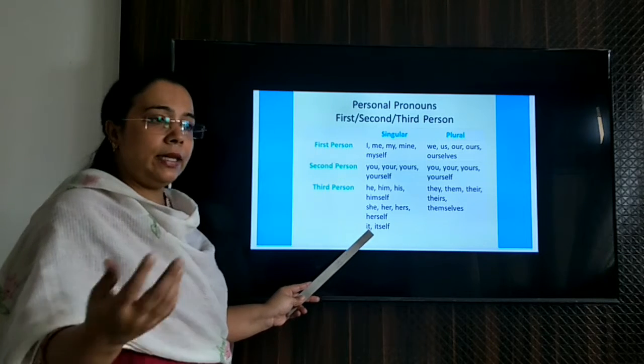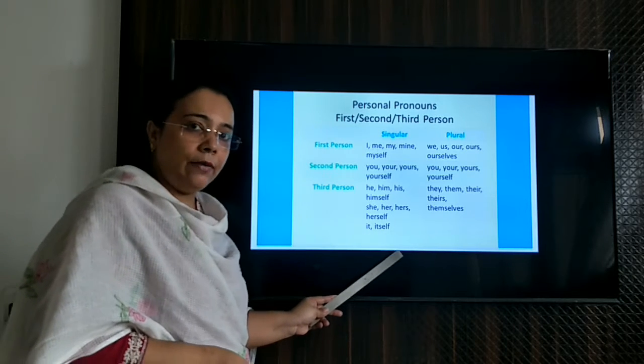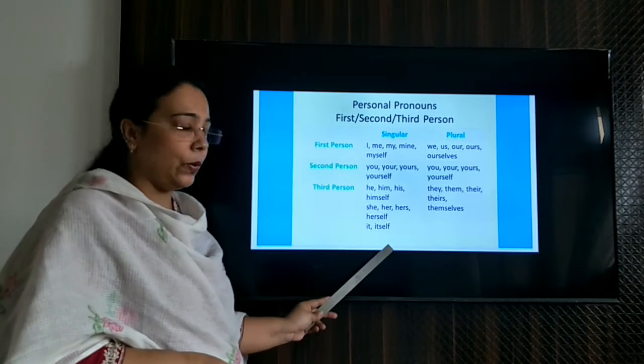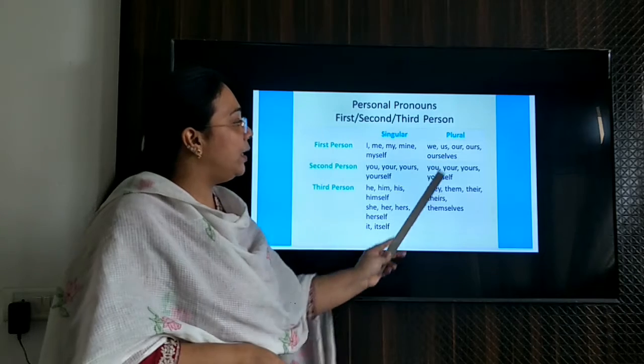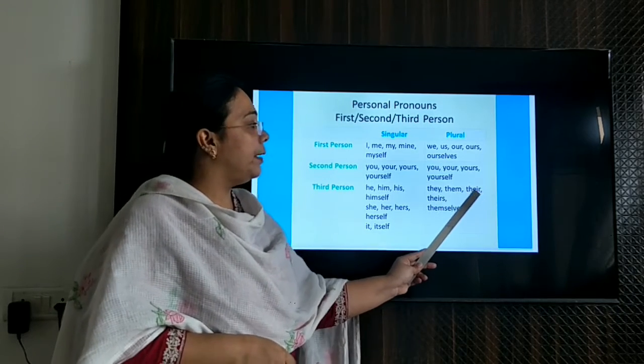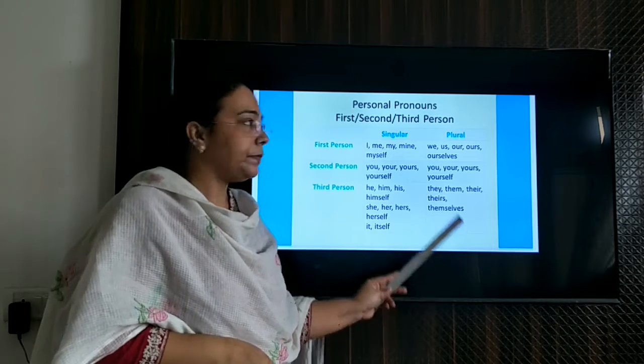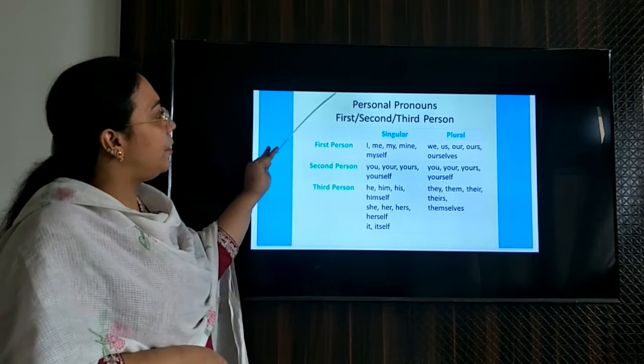For animals and any things, objects: it, itself. For singular nouns. For plural nouns, if there are so many: they, them, their, theirs, themselves. Clear? We learned about personal pronoun.